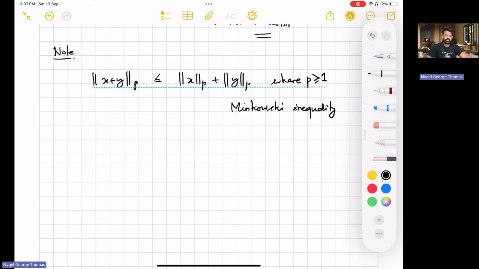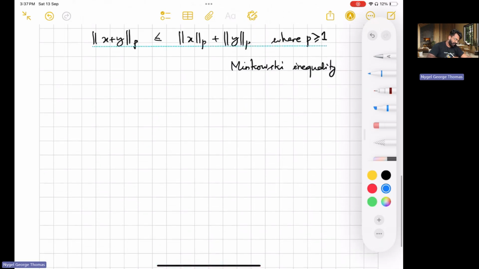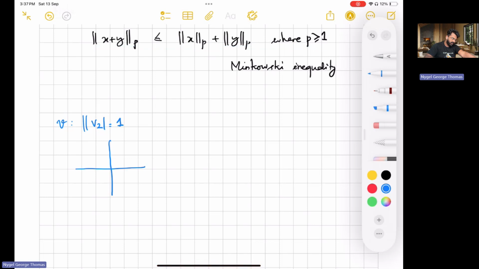Let's also look at the shapes of these norms. Let's say we have a vector v such that the 2-norm of v is equal to 1. Let's say we look at all the vectors in a vector space which satisfy this condition. Then what will be the locus of the points which satisfy this condition?